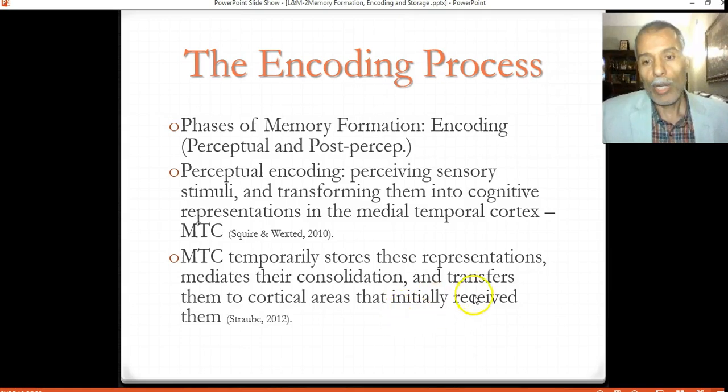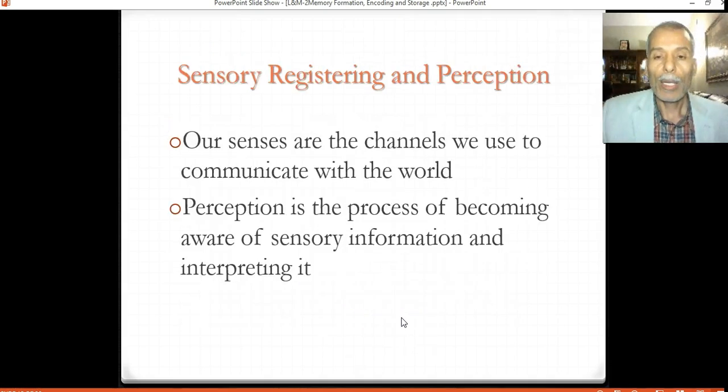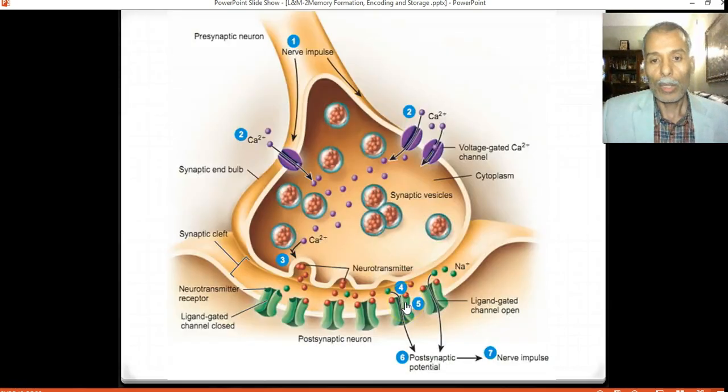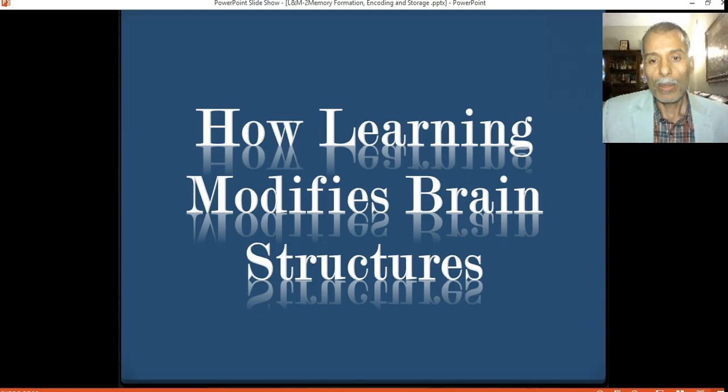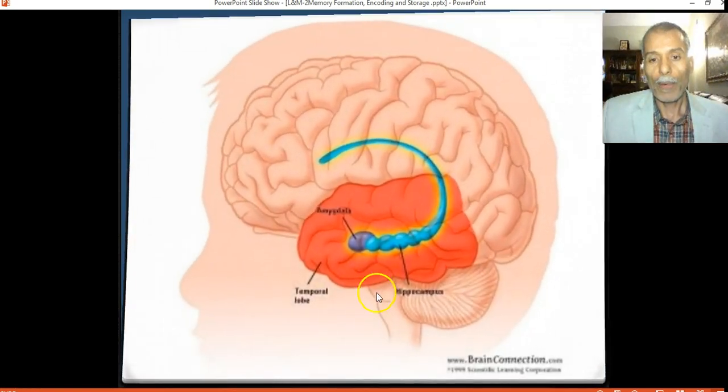So that area, the medial temporal cortex, it transfers these representations to cortical areas, for example, that initially received them. Let me go back to the image here.